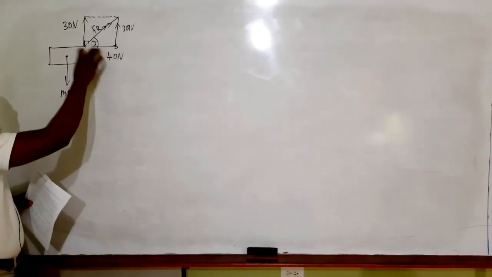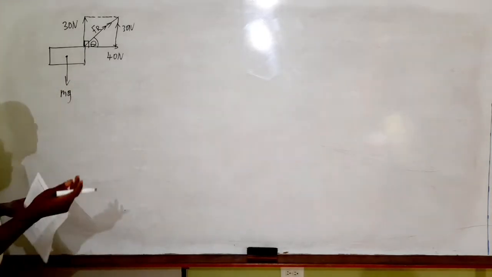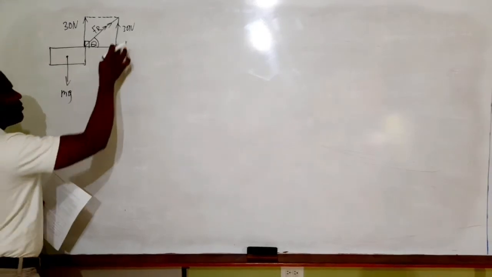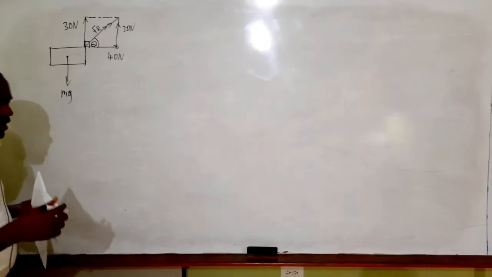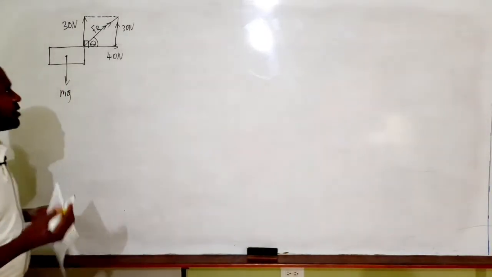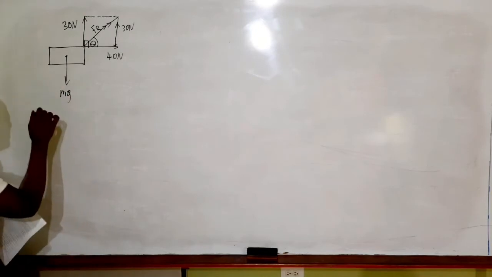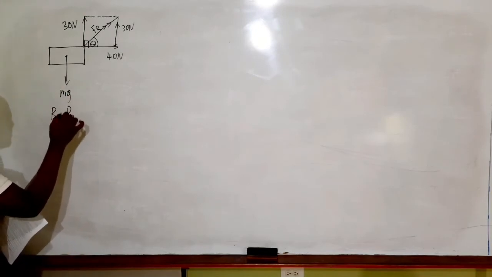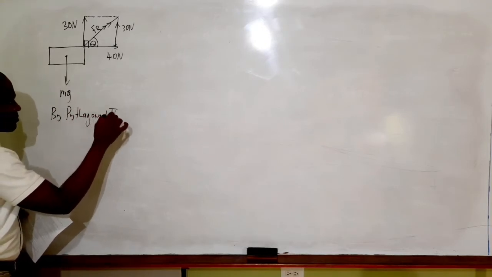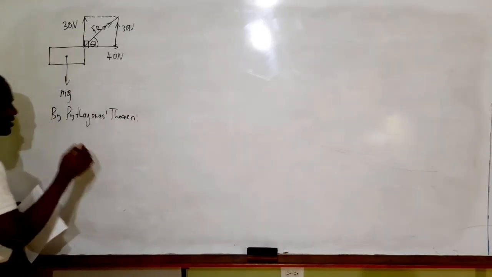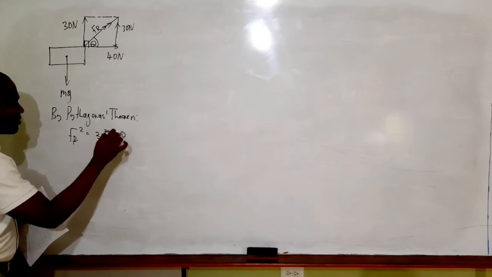Now these two forces are acting at right angles to each other. By now you should be familiar with a right angle triangle with one side 3, one side 4. Then these triangles are normally of the sides in the ratio 3, 4, 5. So by Pythagoras' theorem, we get that FR squared is equal to 30 squared plus 40 squared.